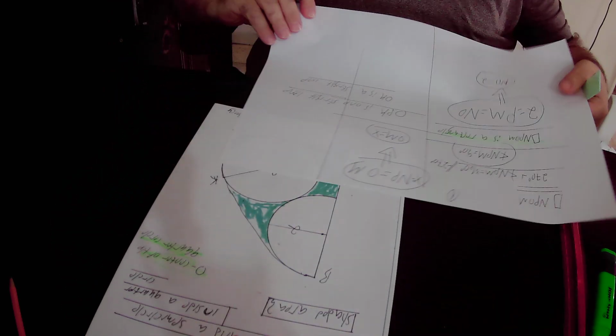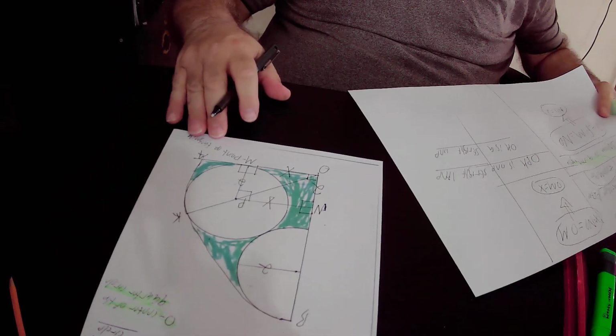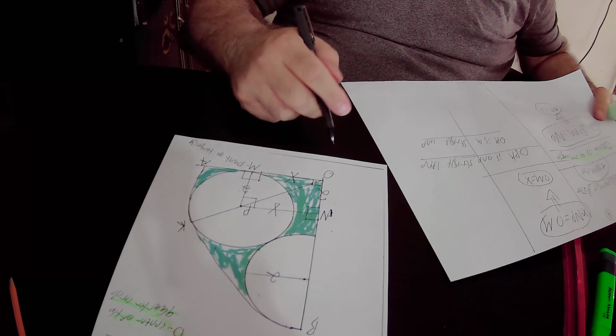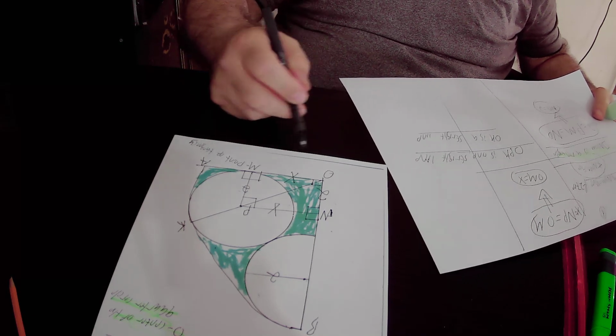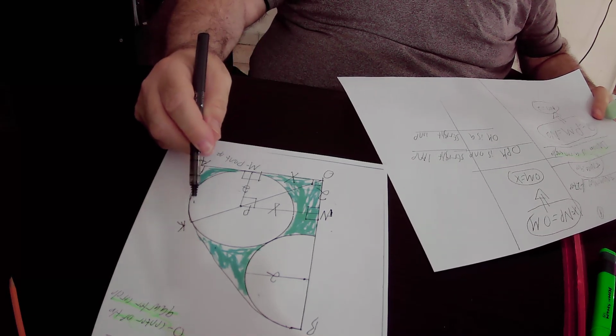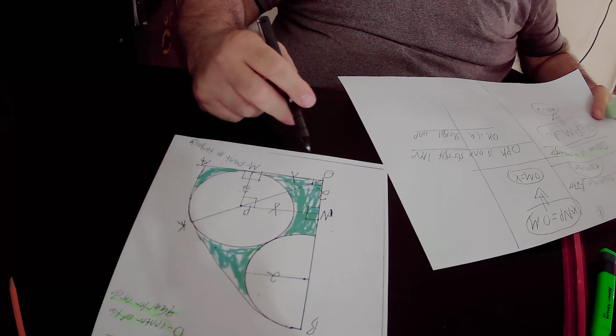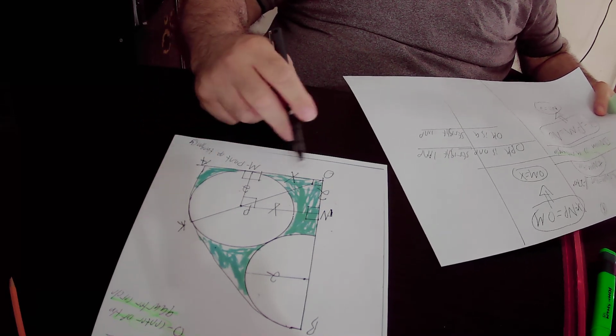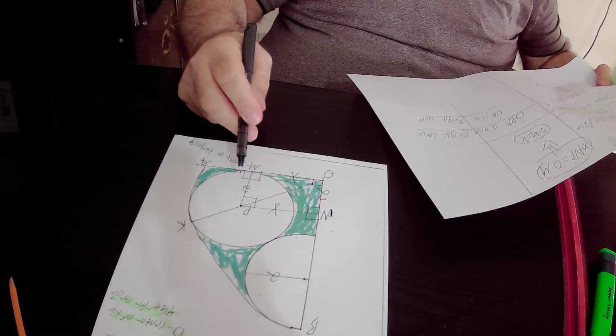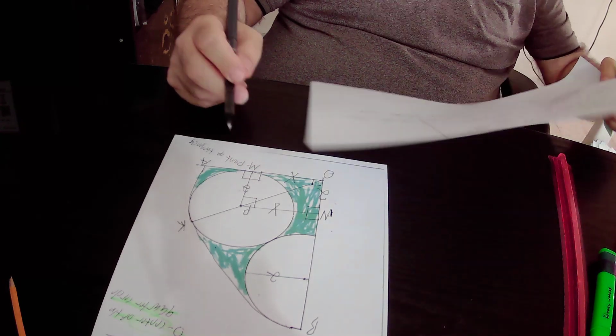So we know that OK is a straight line. Point O is the center of the quarter circle. Point K is a point on the quarter circle itself. This is exactly the definition of a radius. So OK is the radius of the quarter circle.